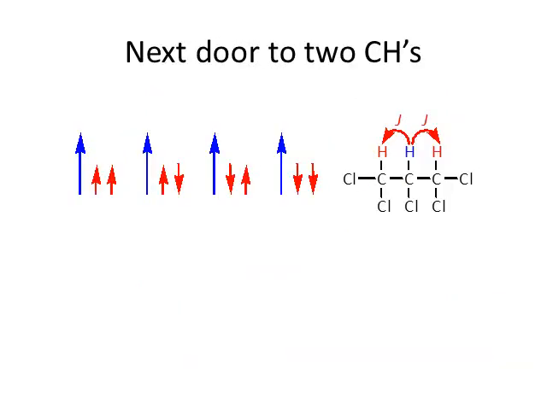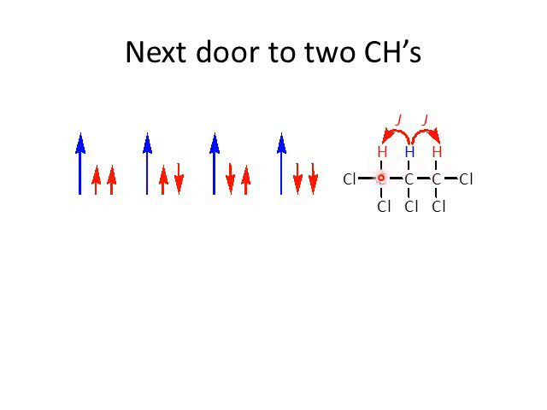Okay, these aren't always that simple. Because take, for instance, this molecule, 1,1,2,3,3-pentachloropropane. And let's focus on the hydrogen in the middle, the one in blue. It's next door to a hydrogen on this side, and it's also next door to a hydrogen on this side.